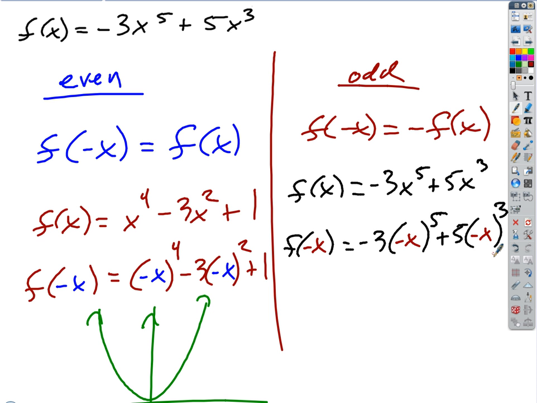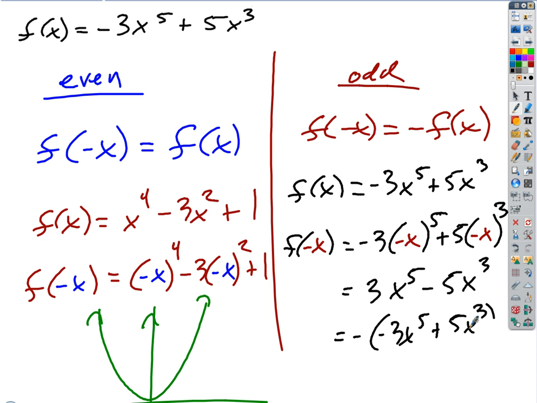So this ends up being positive 3x to the fifth, agreed? And then this would be minus 5x cubed. And isn't that just equal to minus the quantity negative 3x to the fifth plus 5x cubed?